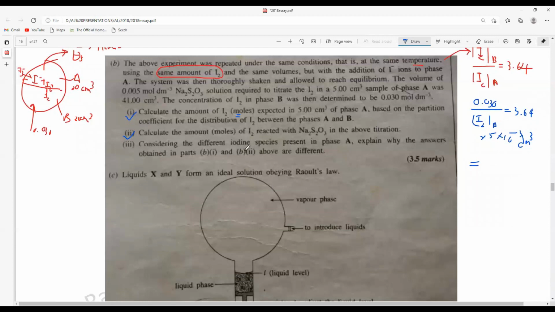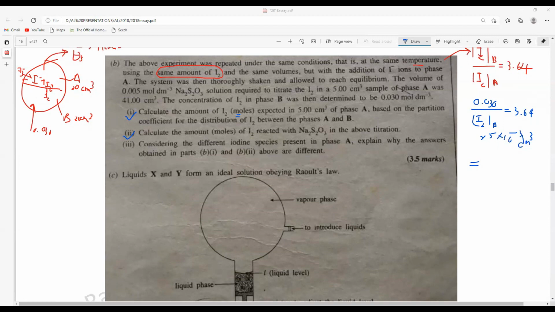Considering the different iodine species present in phase A, explain why the answers obtained in part B1 and B2 above are different. You see here, there is a different story happening. That is very important to understand.